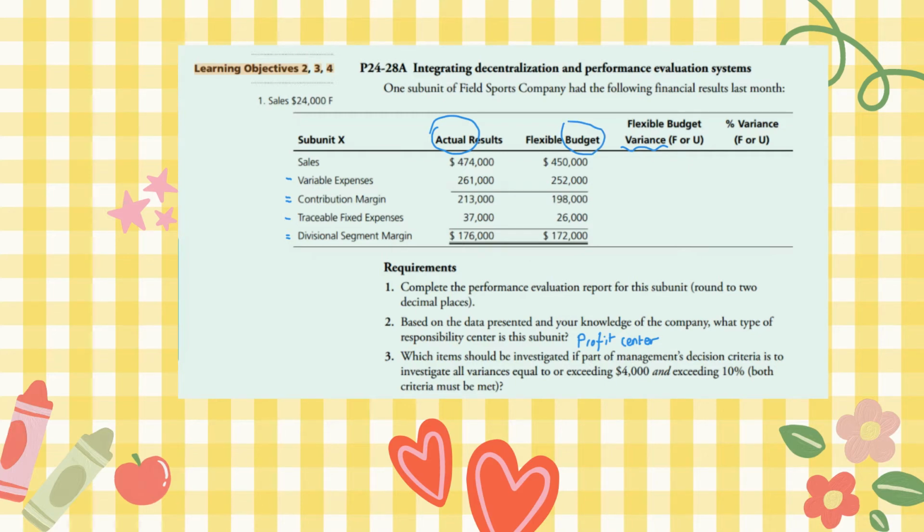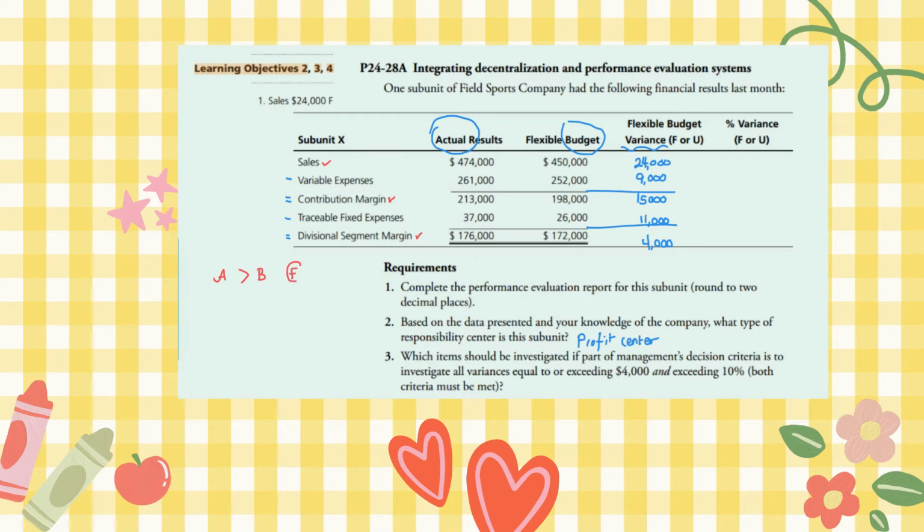Okay, let's do the calculation. So I found the difference between the actual and the budgeted amounts. Now let's see if it's favorable or unfavorable. Okay, now for revenues and contribution margin and divisional segment margin, for these three, if the budgeted amount was lower than the actual, it means it's favorable.